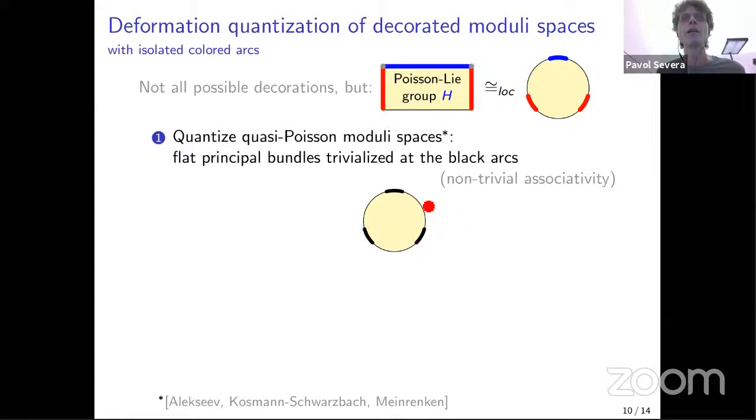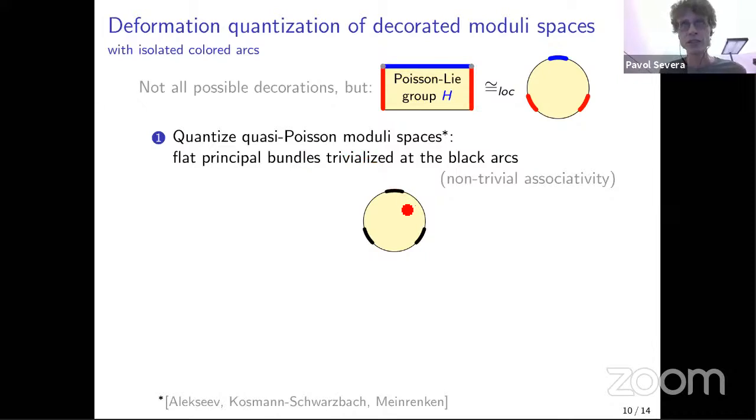So these moduli spaces still carry a bivector field, which can still be obtained by a suitable intersection pairing on the surface, but it's no longer Poisson. That's the work of Alekseev, Kosmann-Schwarzbach, and Meinrenken. They first of all introduced this notion of quasi-Poisson manifolds, and also explained how these moduli spaces are actually quasi-Poisson.